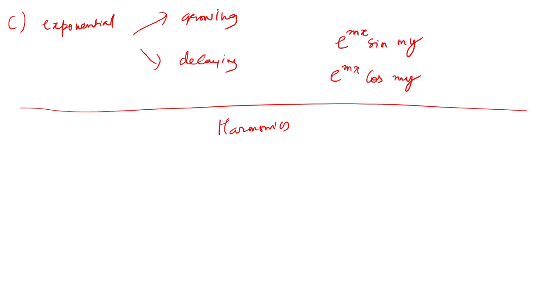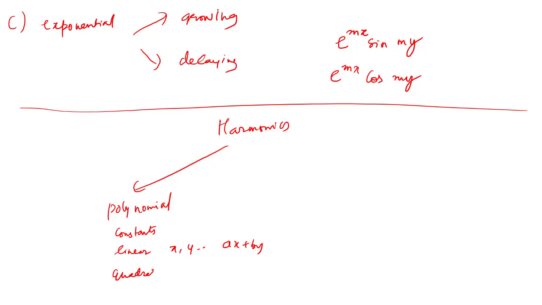One is polynomials: homogeneous polynomials, which include constants and linear functions like x, y, or in general ax plus by, and then quadratic, which are in general a times x squared minus y squared plus bxy.